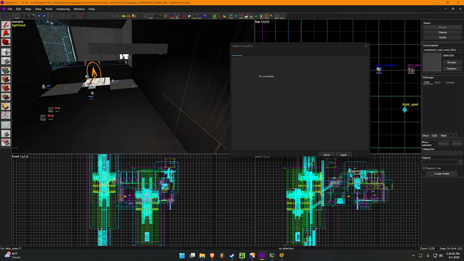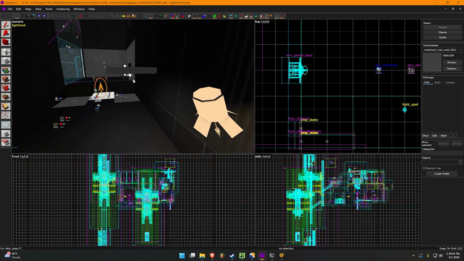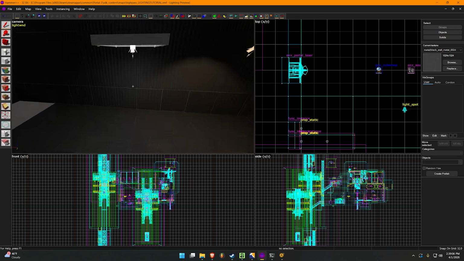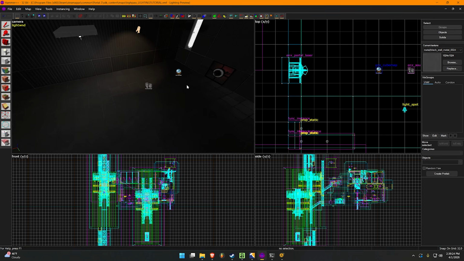So, good trick to know if you ever want a sort of area light or like a panel light. Just set your outer fading angle to 90, and it'll give kind of a soft glow as if it's coming from an area light.